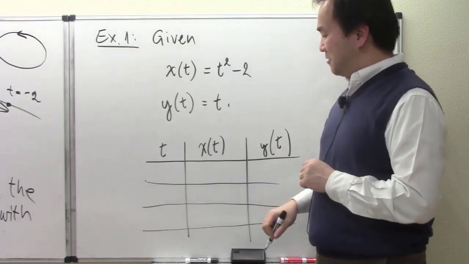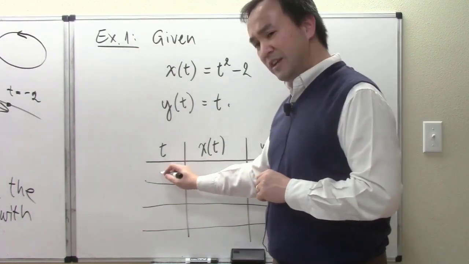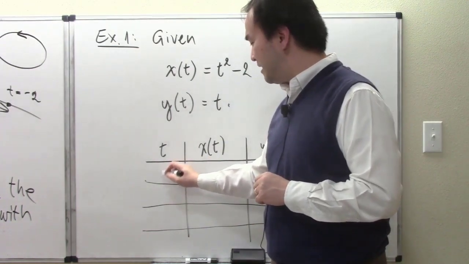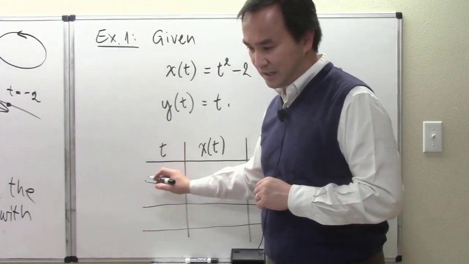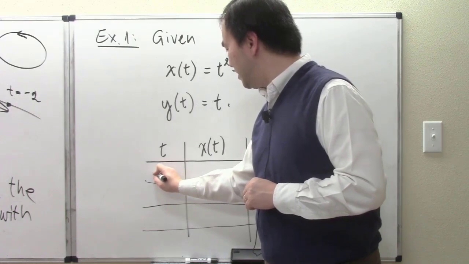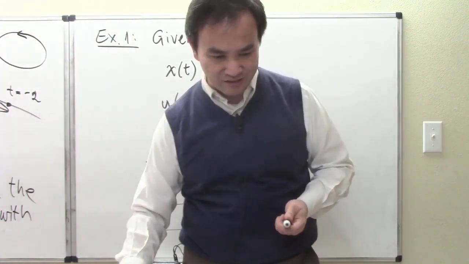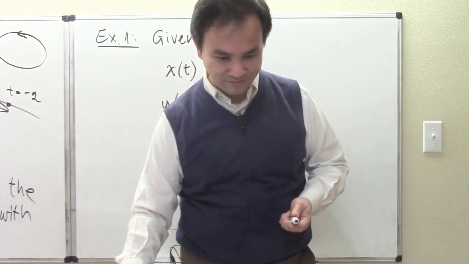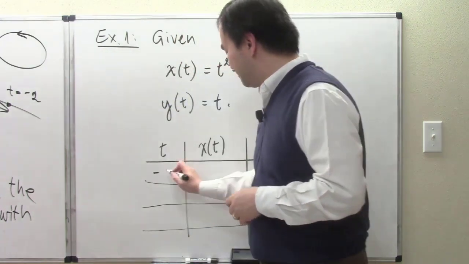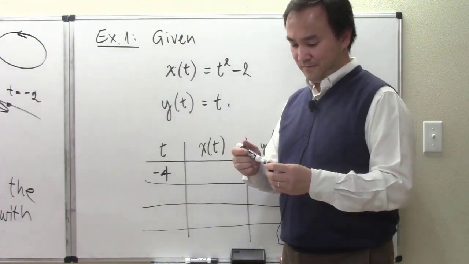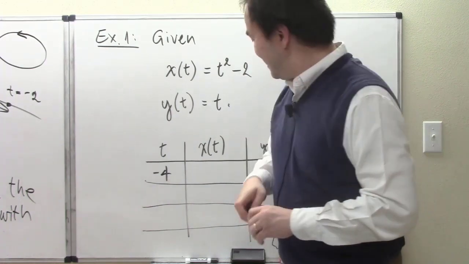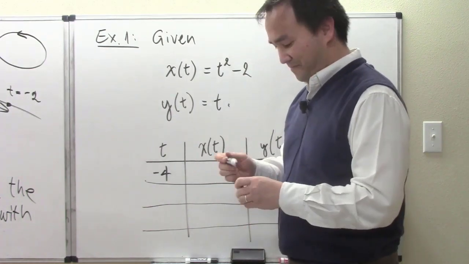Really, you can start out with any t value here. Let's say we want to start out with t equals negative 4. So let's look at t equals negative 4.